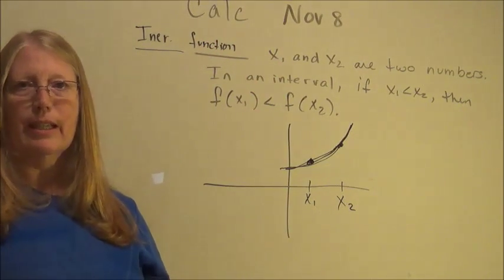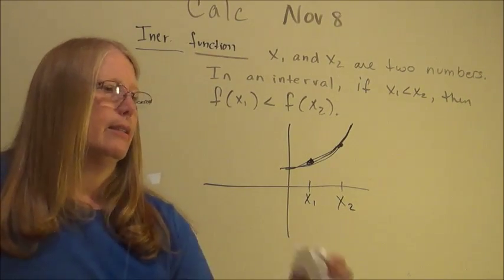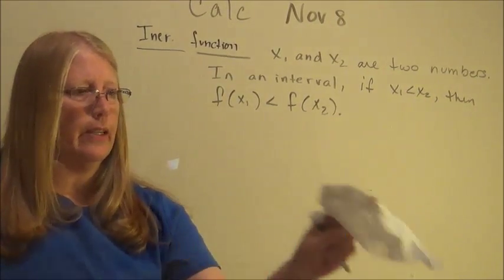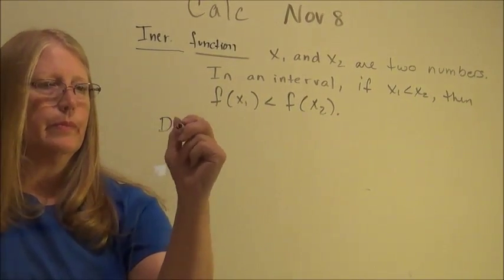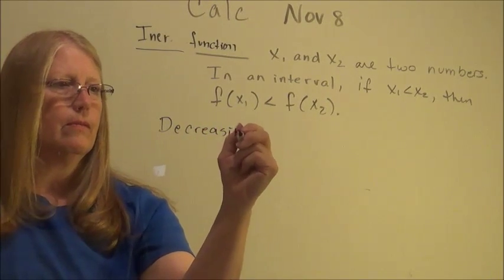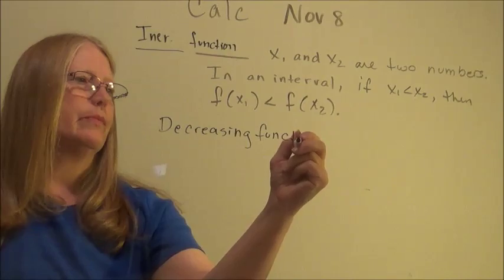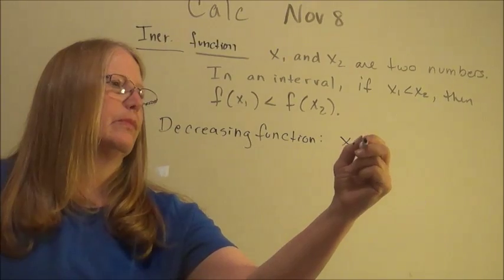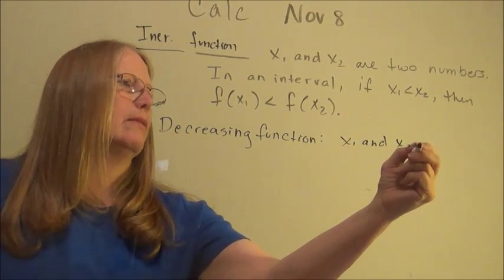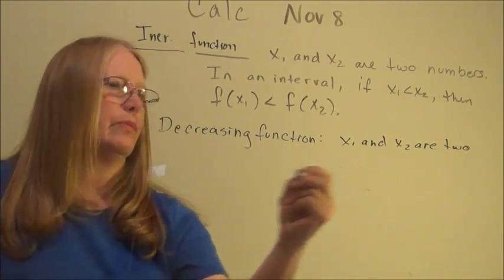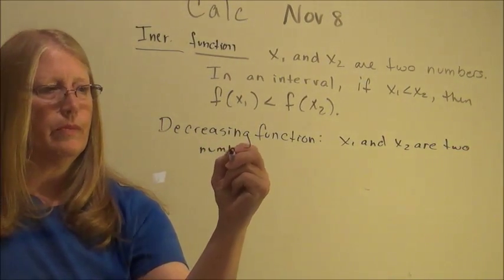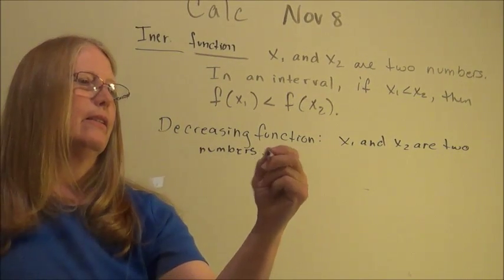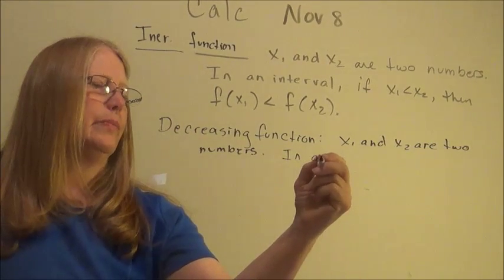So that's the definition that I wanted to start with. Let's go on and then define decreasing function. That is if x1 and x2 are two numbers in an interval.